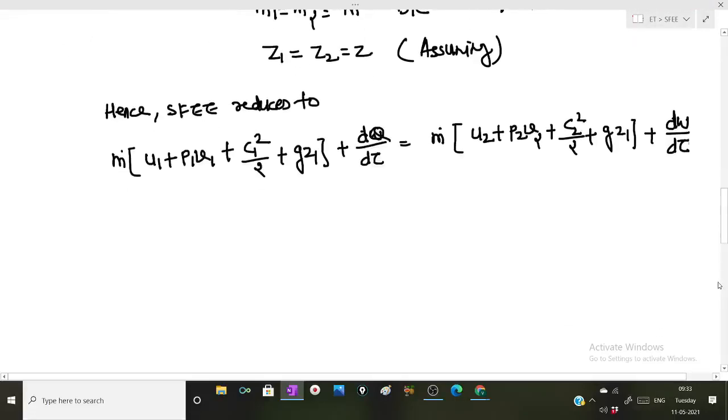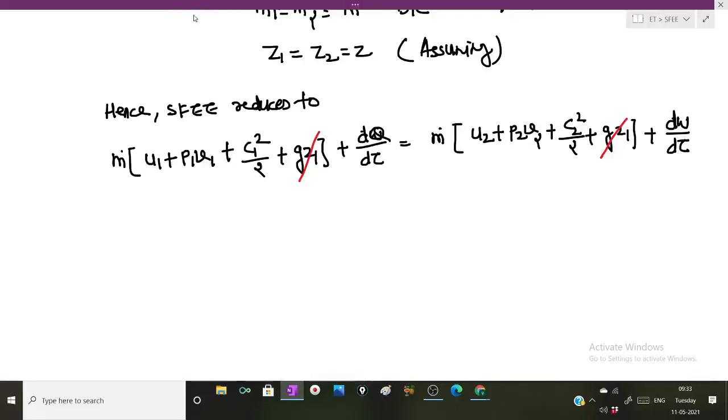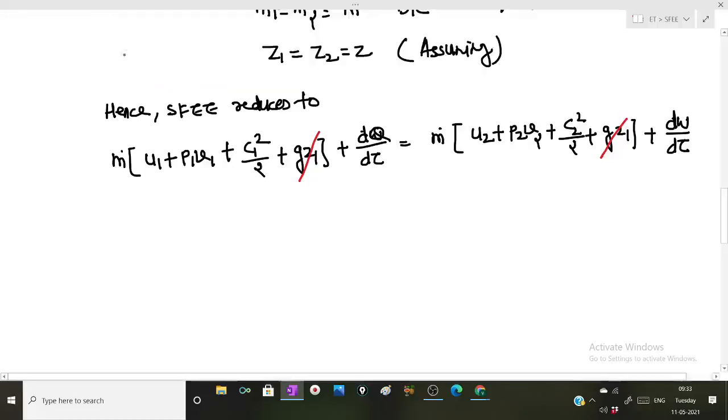Okay. Now, as you can see here, this will cancel out each other. Now we can put all the values. Or one more thing we can do, as we are supposed to calculate dW by d tau, we can simplify this equation to calculate dW by d tau, that is, the rate of work done.